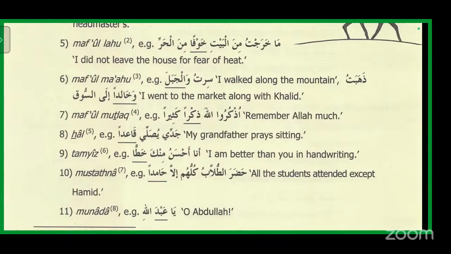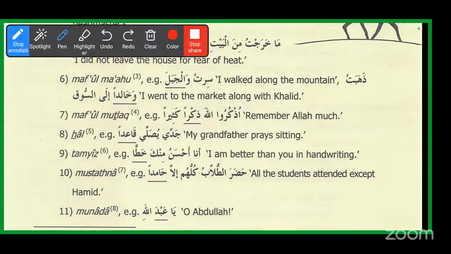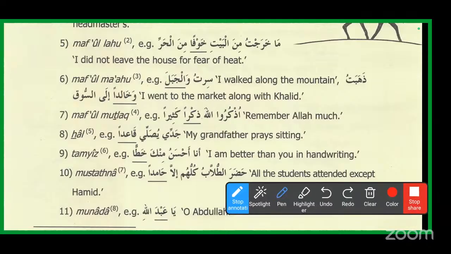تمييز. While sitting. To explain the exact meaning, you can place words in the middle to explain it. Like here, you place the word "while". In example number five, ما خرجت من البيت خوفا, here they have said "for fear".